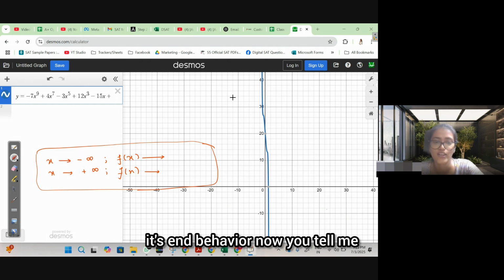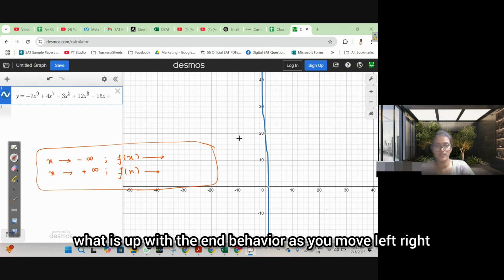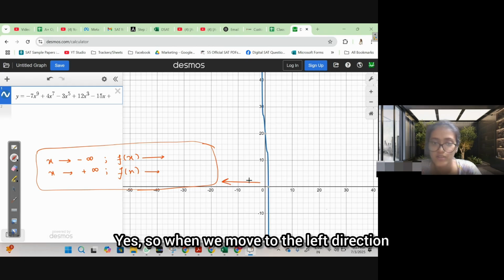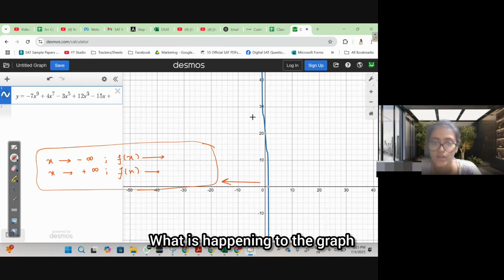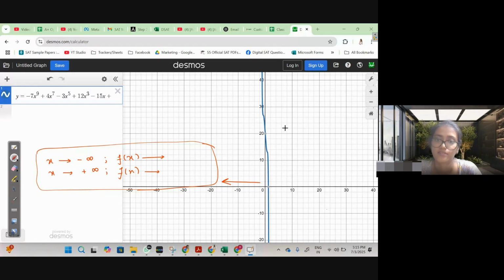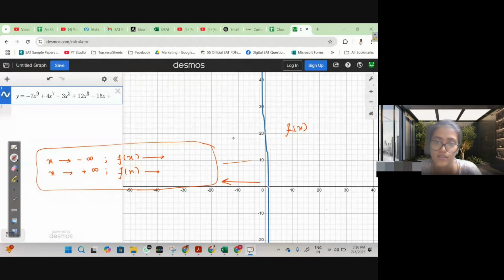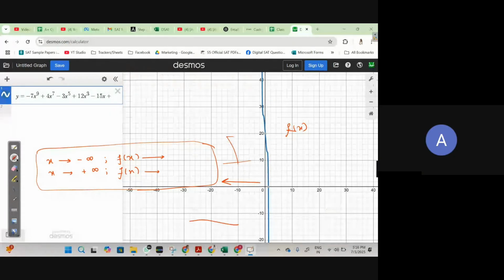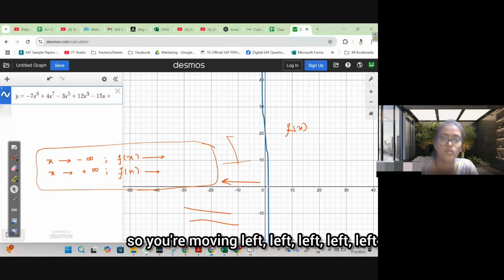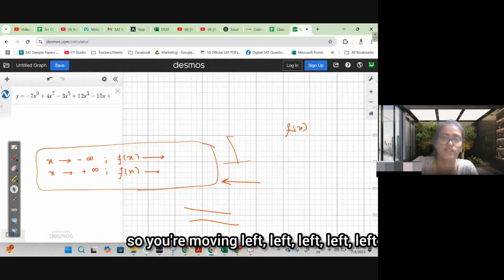So it's end behavior. Now you tell me what is up with the end behavior as you move left, right. When we move in the left direction, what is happening to the graph, to f of x? You're moving left, left, left, left, left.